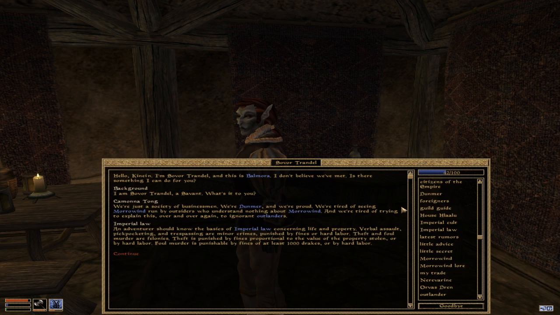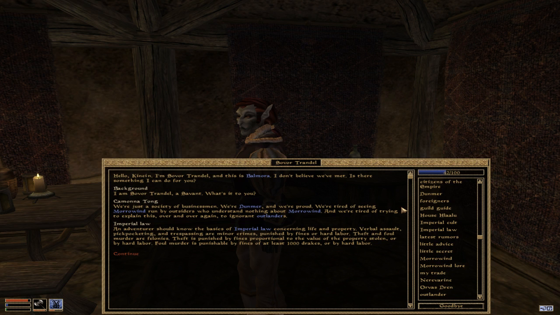Imperial law. An adventurer should know the basics of Imperial law concerning life and property. Verbal assault, pickpocketing, and trespassing are minor crimes, punished by fines or hard labor. Theft and foul murder are felonies. Theft is punished by fines proportional to the value of the property stolen or by hard labor.